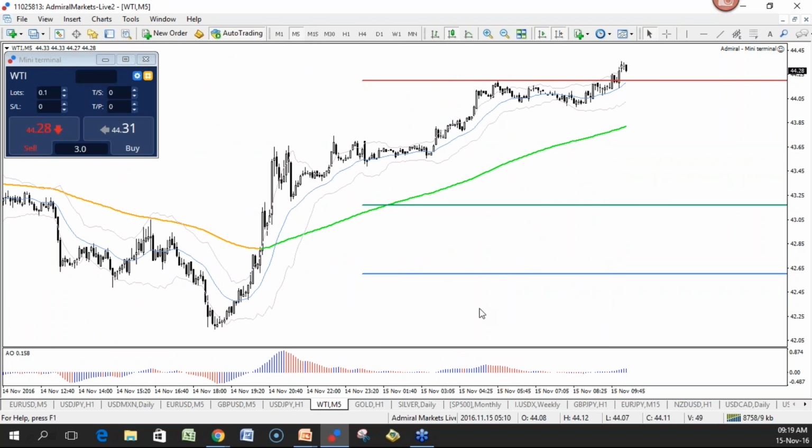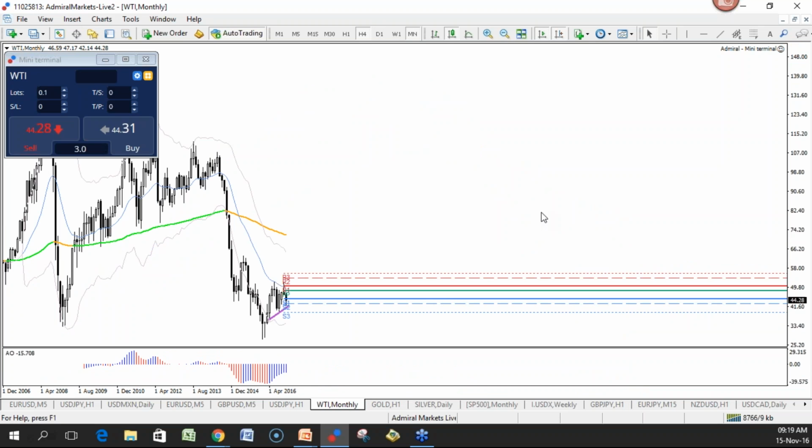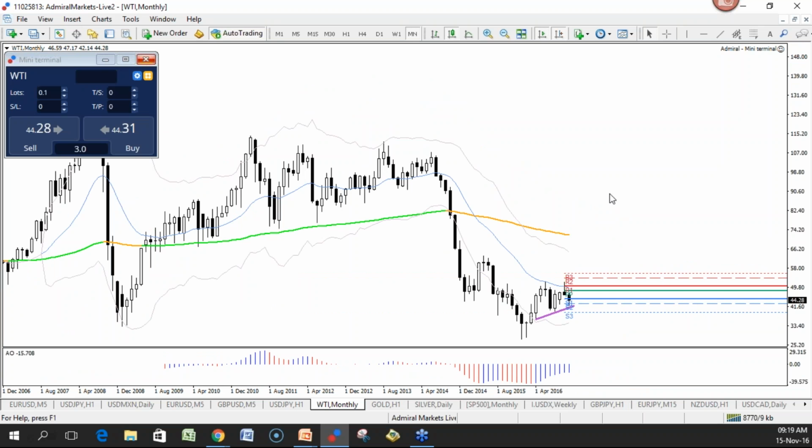I think that there could be a bigger correction, but I'm still overall bearish though. So let me put it in context here. Let's take away these pivot points. I don't see anything because of that.